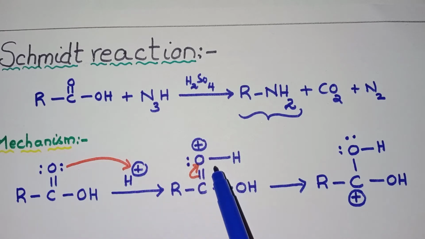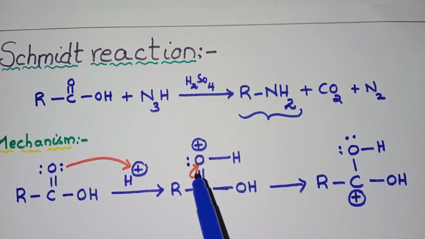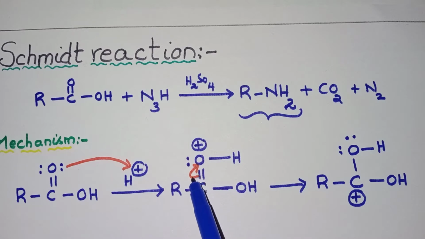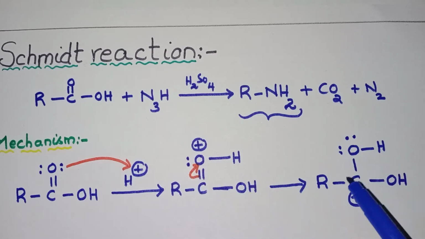So a bond is formed between oxygen and hydrogen. Now it has only one lone pair, hence it acquires a positive charge, which is satisfied by taking these pi electrons towards itself. So it got its two pairs of electrons back. Now carbon acquires the positive charge.